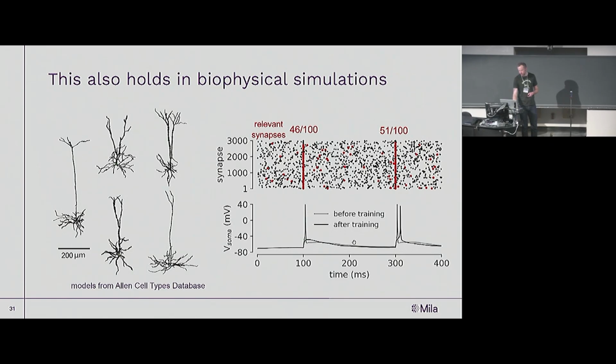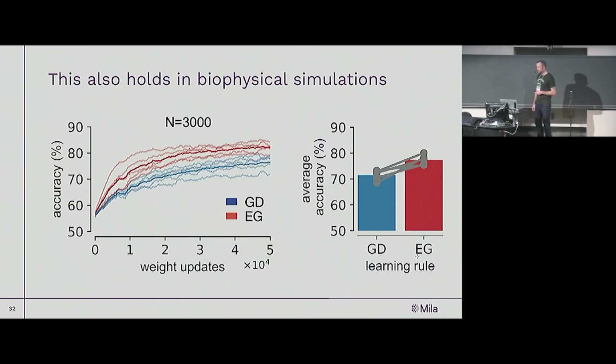So you can see before training and after training what the neuron does. And lo and behold, when you train these biophysical simulations of neurons with GD and EG, EG performs better. And it's because it's better at picking out the small set of relevant inputs from the larger set of irrelevant inputs.